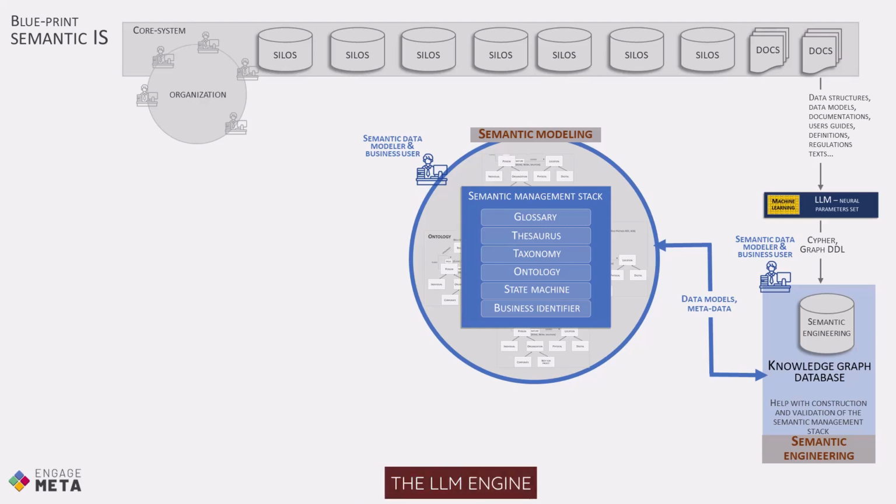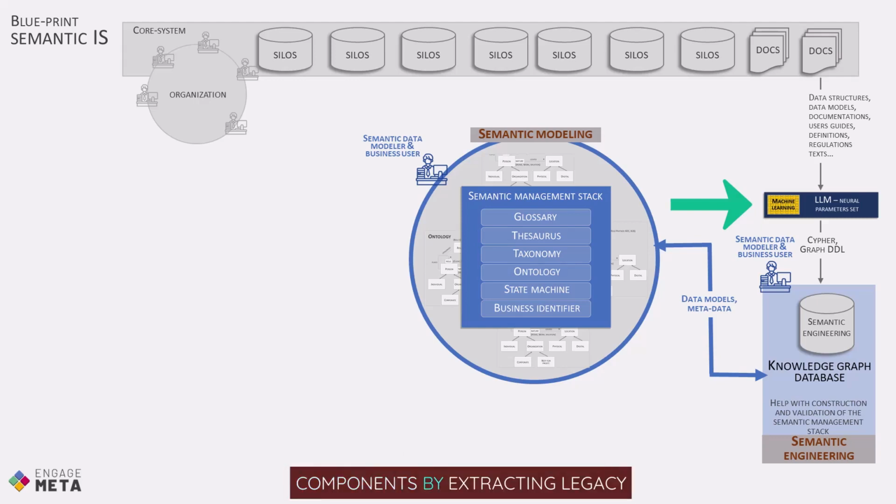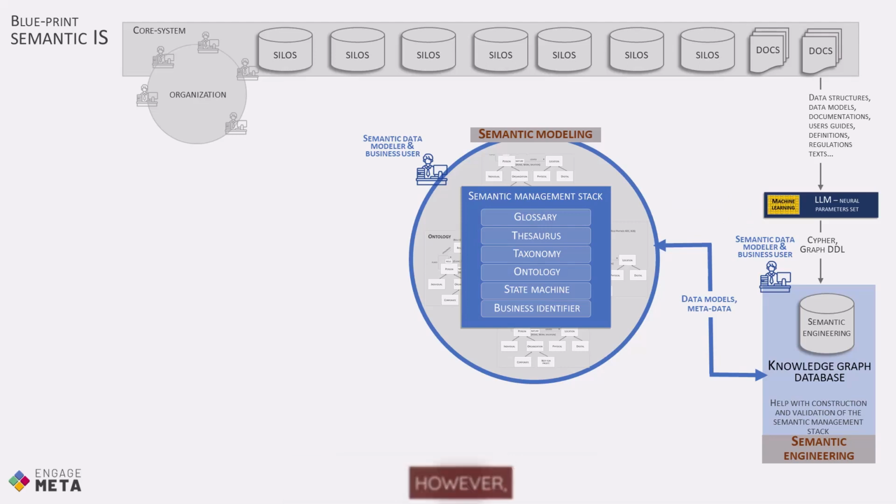With the power of the LLM engine, it's also possible to automatically generate initial versions of these semantic components by extracting legacy knowledge from data structures, user guides, specifications, etc. However, constructing the semantic material is not a one-time process and requires continuous refinement. This is an ongoing task as the core systems, silos, and other software packages change over time.